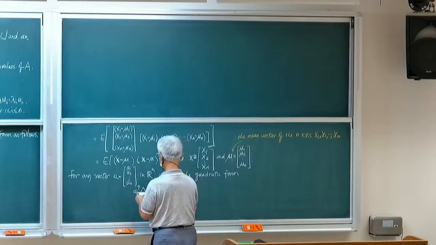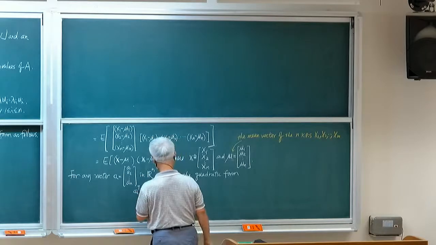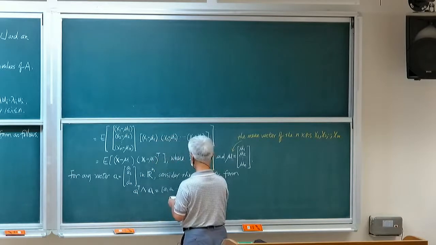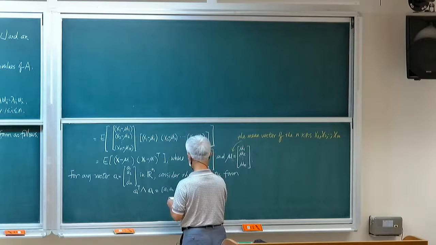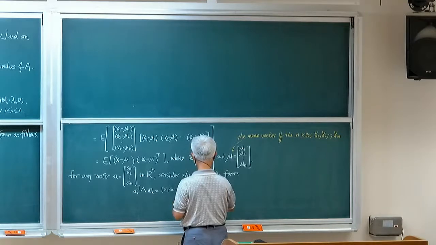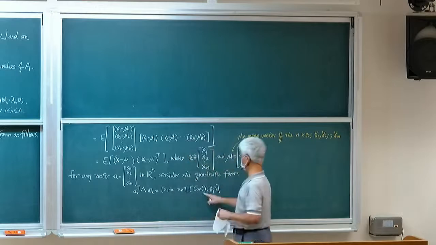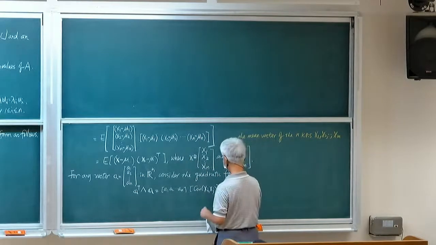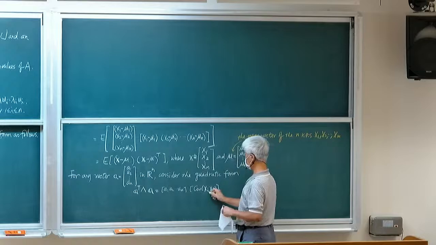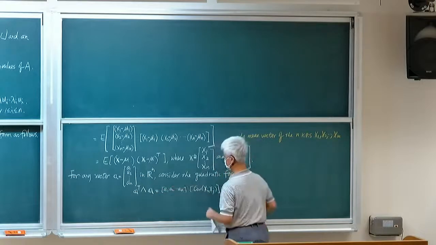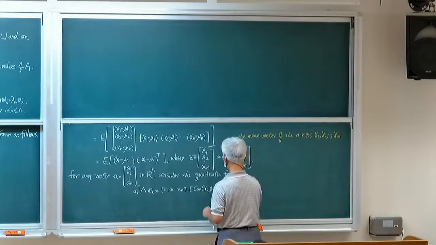So that would be a1, a2 up to an, times Lambda, whose ij entry is the covariance of x_i, x_j, times a1, a2 up to an.